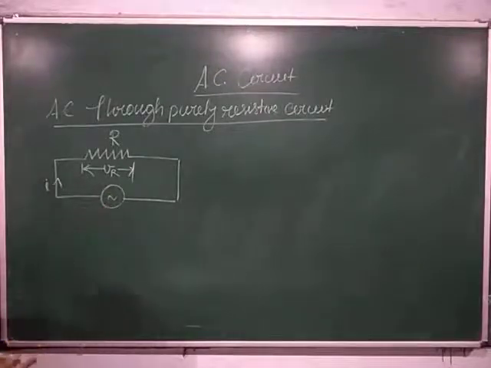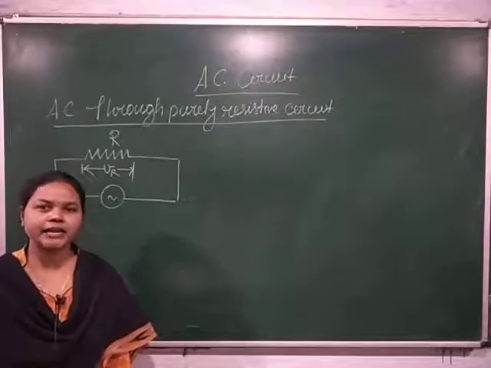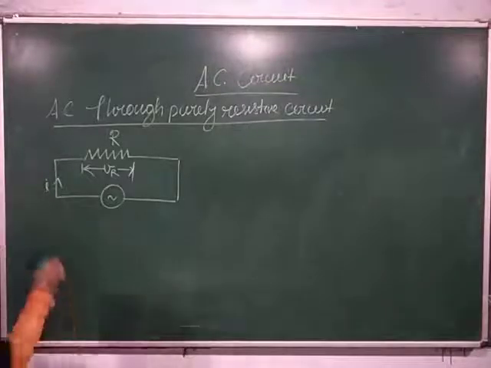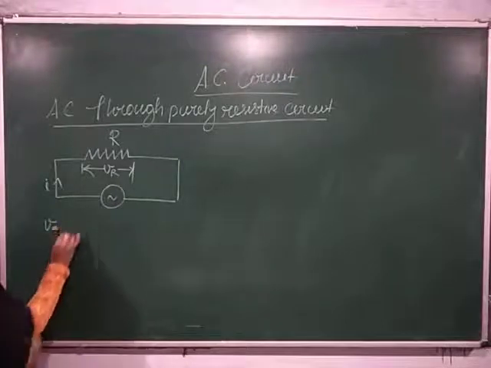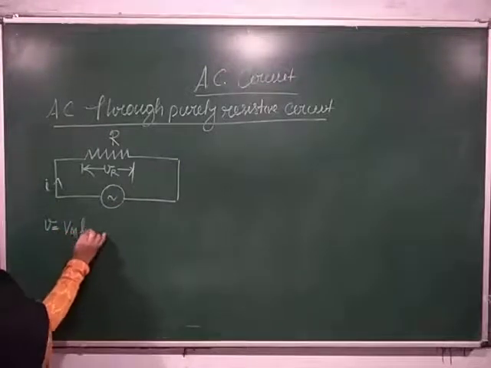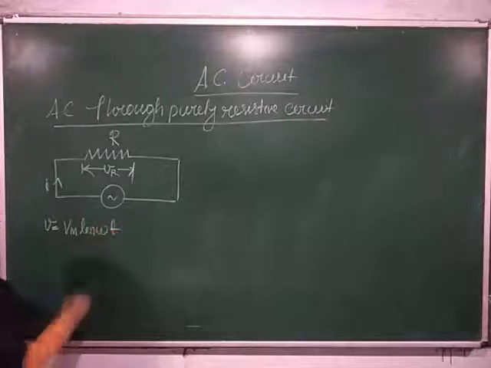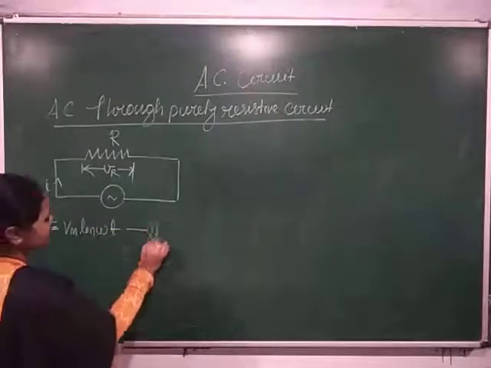The instantaneous value of supply voltage is v = Vm sin omega t. Take it as equation 1.